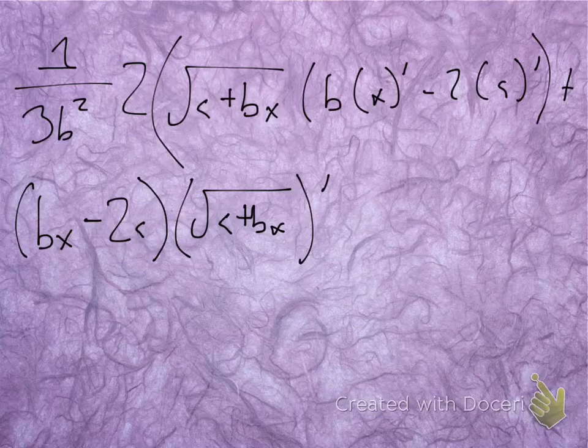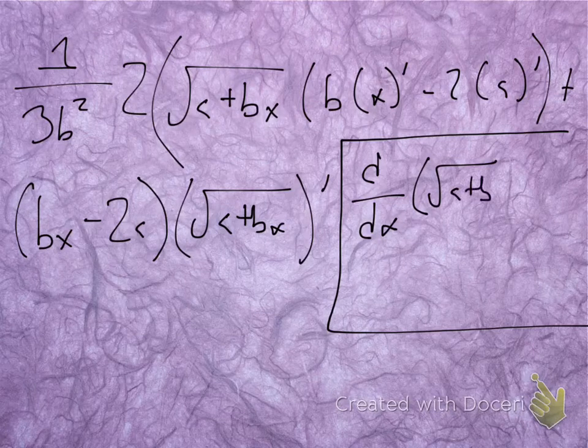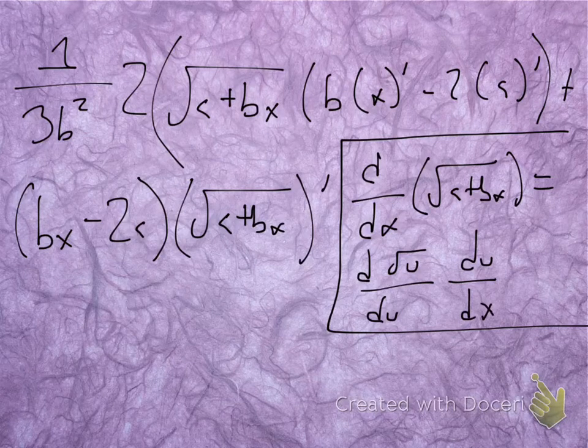Not our new chain rule, but our amended chain rule for the format of this is going to look like d dx for rad a plus bx, in this case, is going to equal d rad u over du times du dx, where in this case u is just going to be equal to a plus bx.